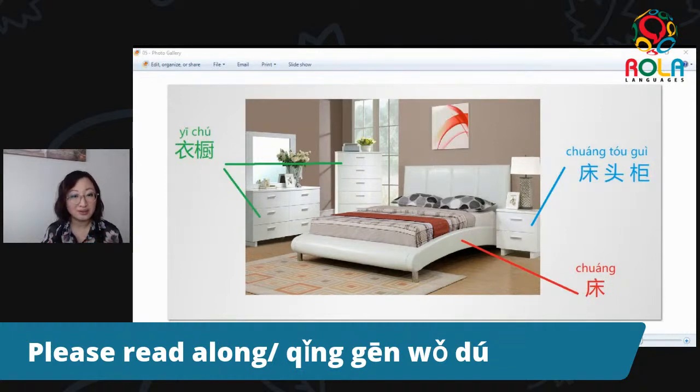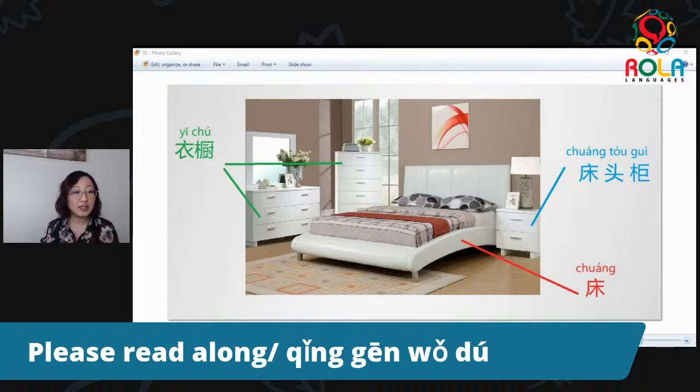If we break it down, we know 床 is a bed, 头 is your head. 柜 actually means cupboard or like little dressers that hold stuff. So basically that is a little cupboard or little dresser that goes at the head of your bed, like next to your headboard. Okay, so 床头柜 means nightstand.